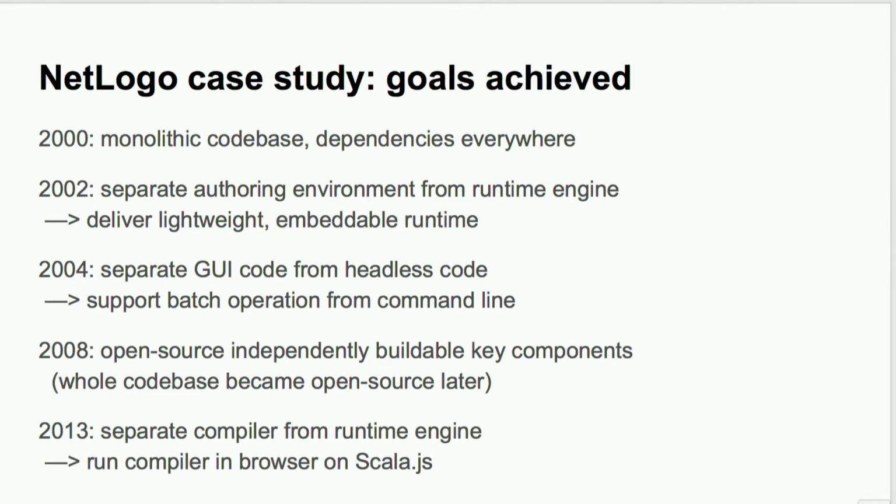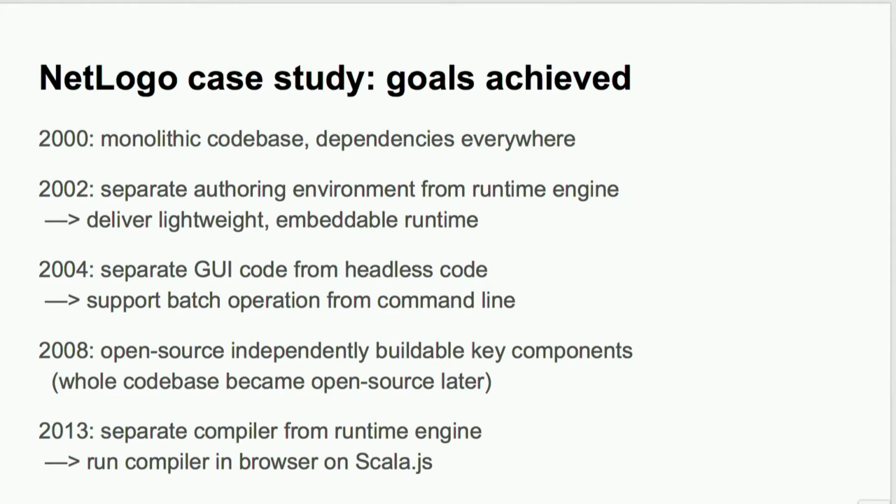But the modularization that we did on this code base was actually about business goals and features. We had an authoring environment that needed to be separated from a runtime engine, so the runtime engine could be lightweight and embeddable.